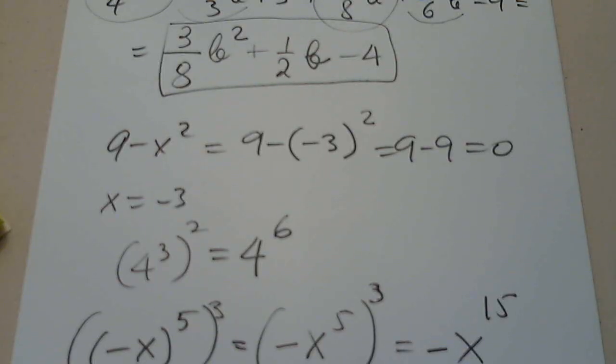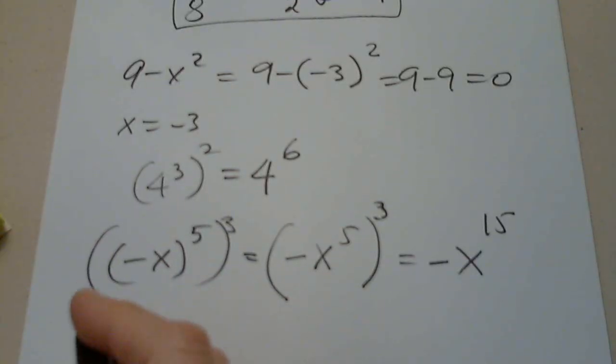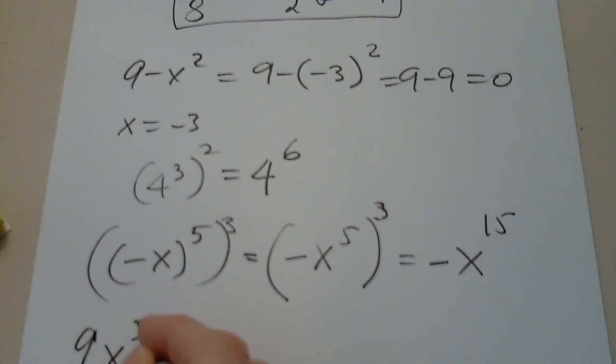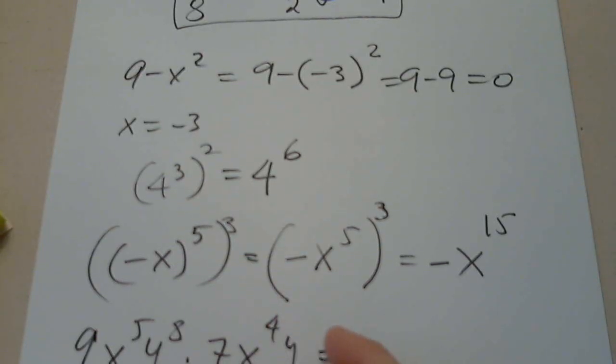Okay. Do we need to multiply these two? Yes, very good. So this is a simple situation, because all we have to do is just multiply 9 times 7. x to the 5th times x to the 4th.